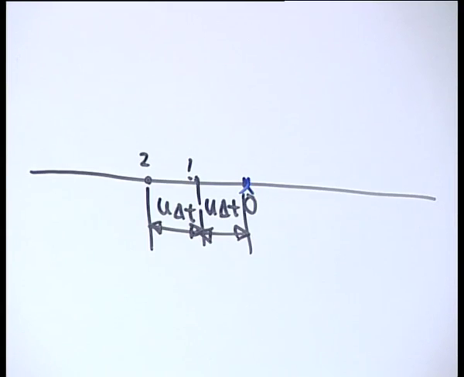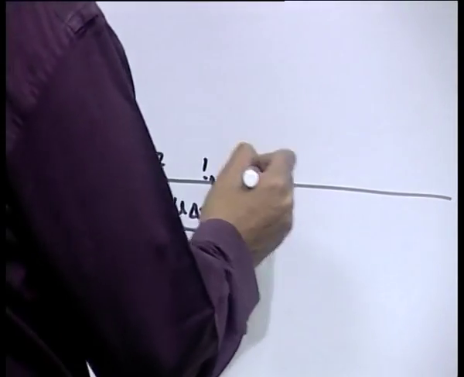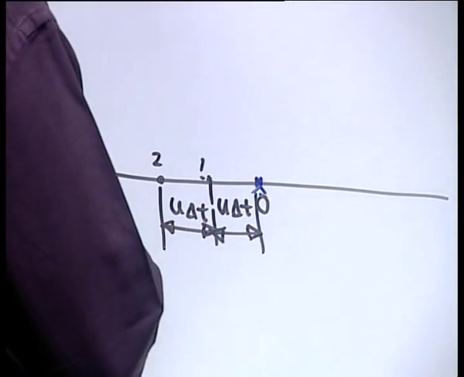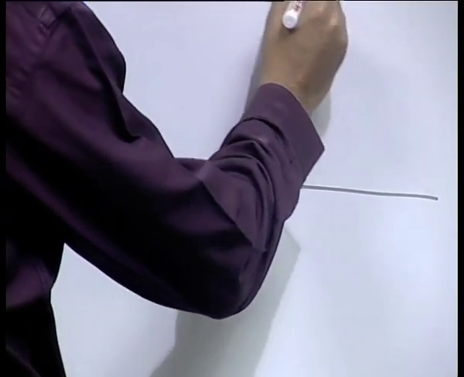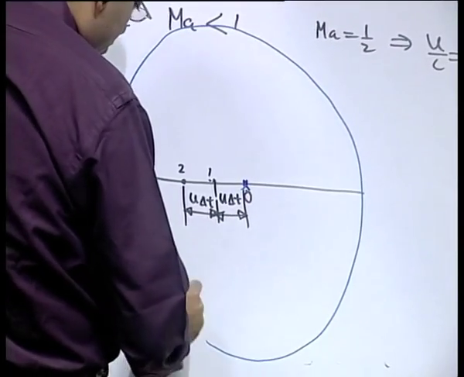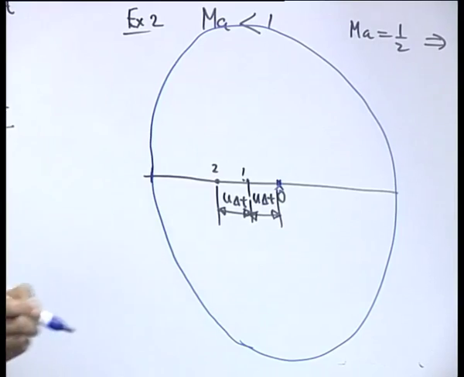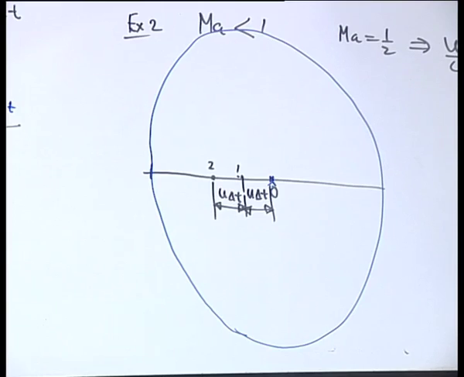C into 2 delta t, and C is equal to 2u, so 4u delta t. So taking this as a center and 4u delta t as a radius, if you draw a big circle, then that is the extent over which this wave has propagated.